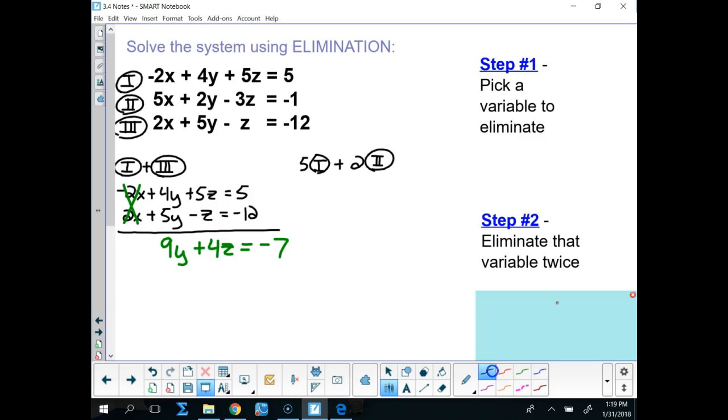Five times equation number 1 is going to be negative 10x plus 20y plus 25z equals 25. 2 times equation number 2 is going to be positive 10x plus 4y minus 6z is going to equal negative 2.